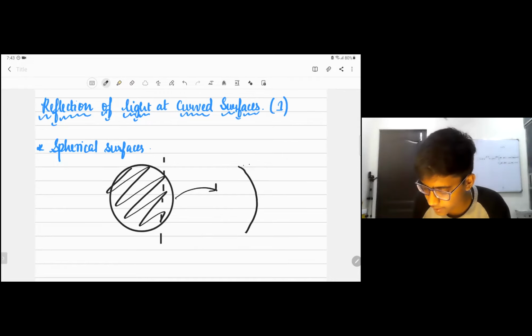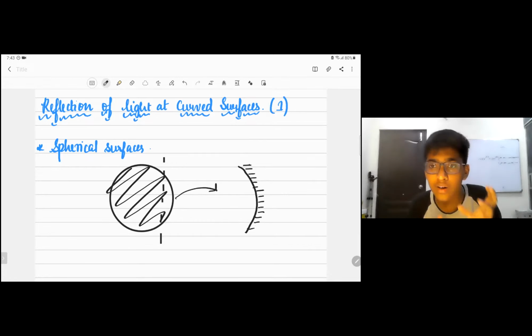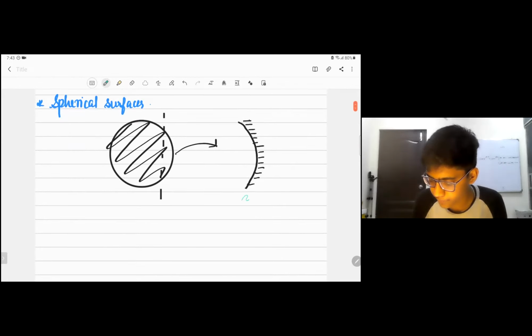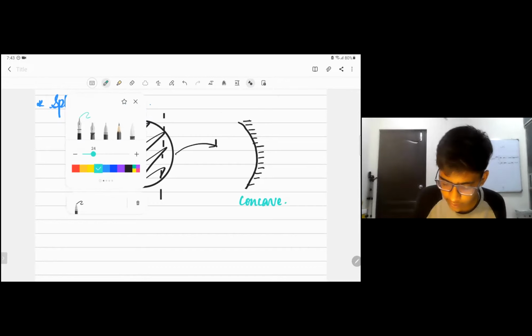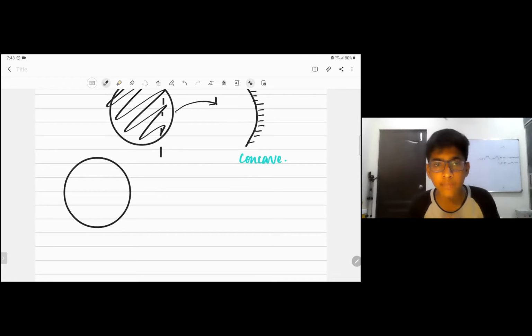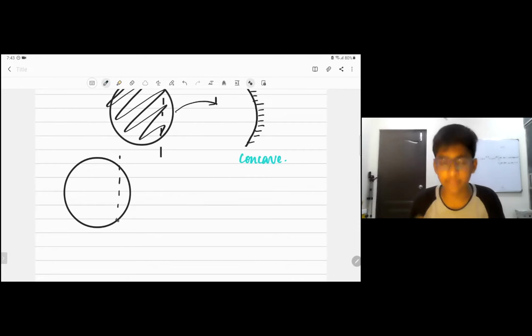So when we represent them neatly like this, when we silver outside, it is called a concave mirror. Now I have another case where I take another sphere and silver it inside. So inside the sphere I have silvered it, and again I cut a small part from it.